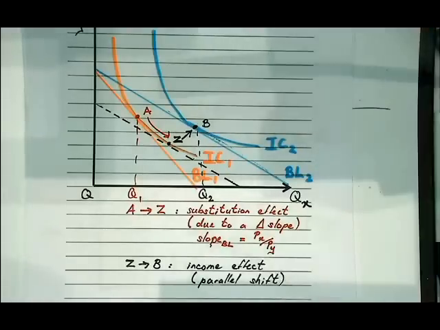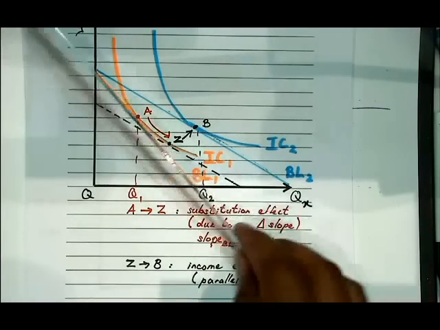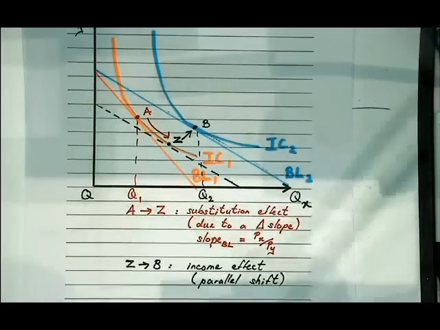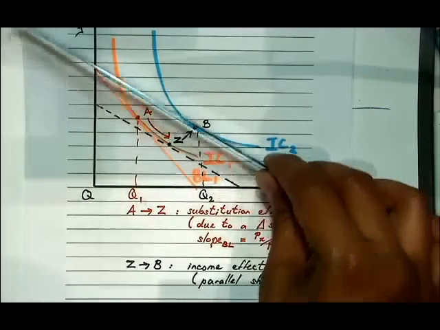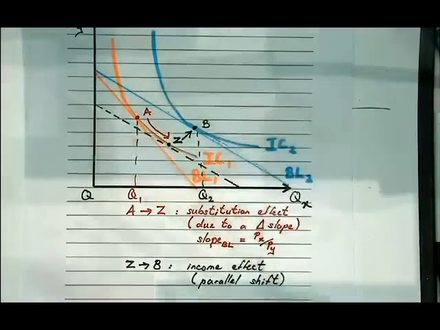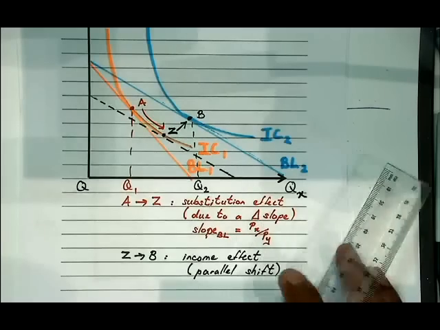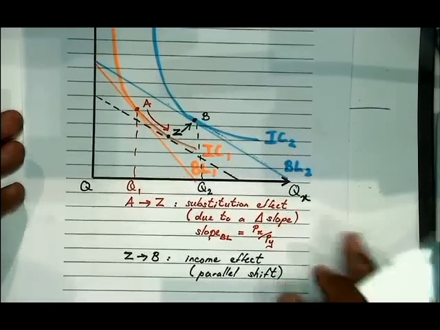Substitution effect is all about the change in the slope, because changes in slope are about relative price, and that's the definition of the substitution effect. Income effect is about changes in income, and that's the definition of the income effect. Amazing, isn't it? And it gets more interesting in second year micro. There's lots of this.